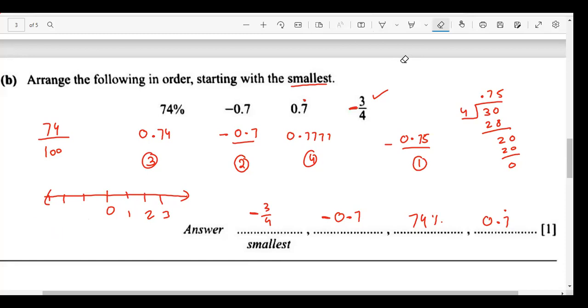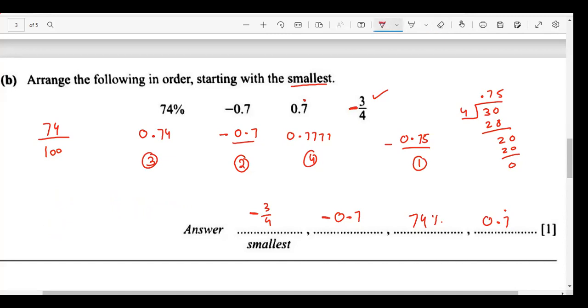For example, we have 0 here. If this is negative 0.7, then this would be negative 0.75. Since it is coming on the left side of negative 0.7, that is why it is smaller. So always remember, जो number जितना बड़ा होगा negative होगा वो उतना ही छोटा होगा.